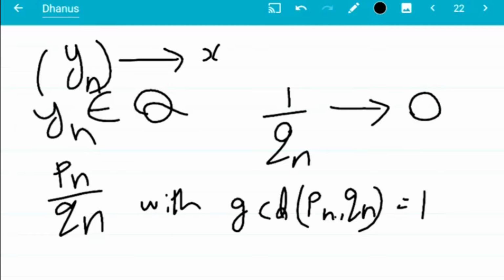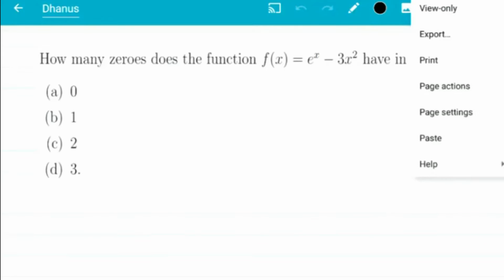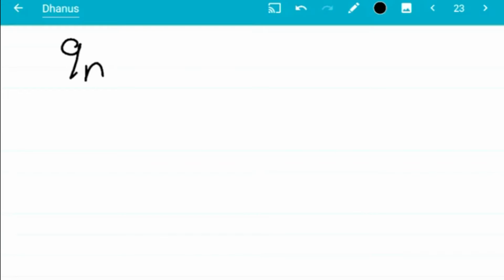1 by Qn does not tend to 0 if Qn is bounded. Suppose this Qn is bounded. Then Pn is also bounded.